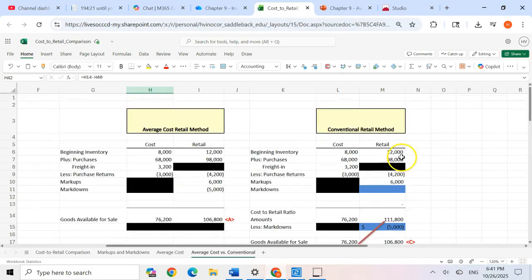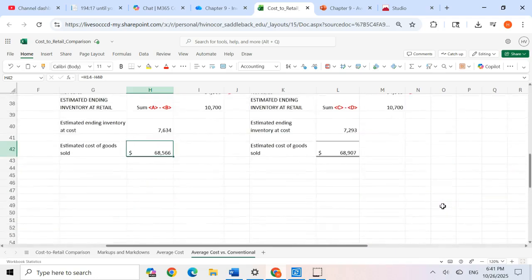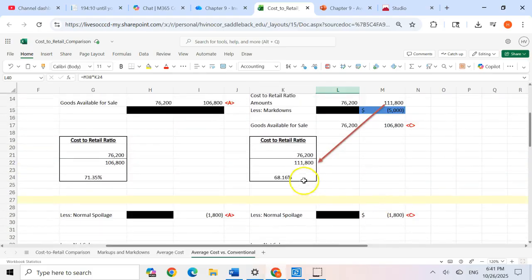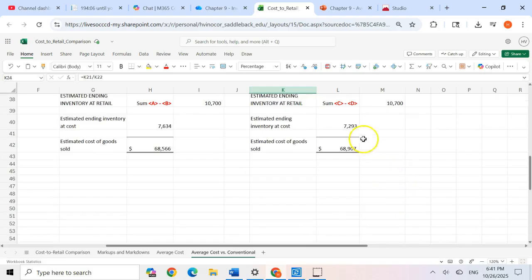And we go here to the conventional retail method, go through the same exact exercise where we take our ending inventory times our cost to retail ratio, which is going to be lower than the average cost retail method. And now our ending inventory at cost is $7,293.